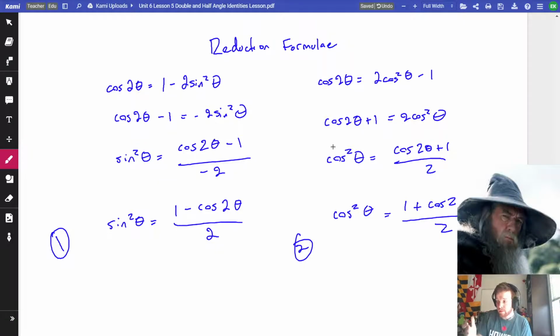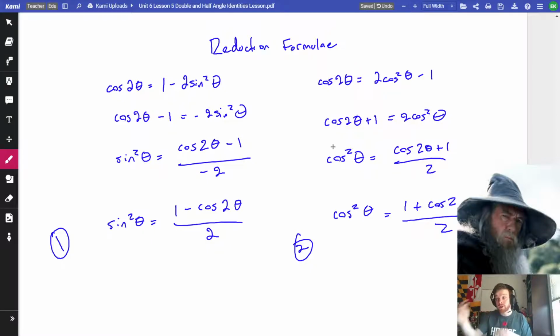The second way you can think about it is, even though there's a 2 here, cosine is never bigger than 1, never smaller than negative 1. So 1 minus 1 gives me 0, and 1 minus negative 1 gives me 2. So the numerator here is always going to be between 0 and 2.